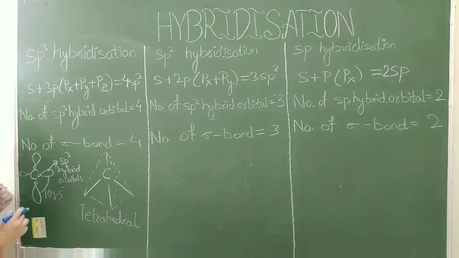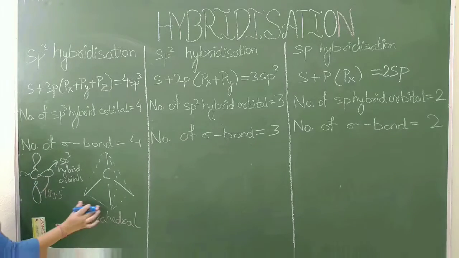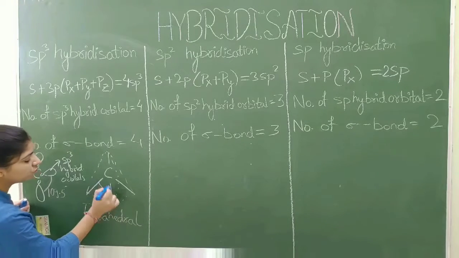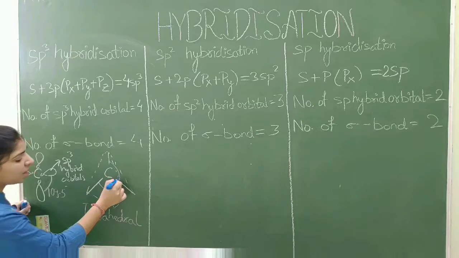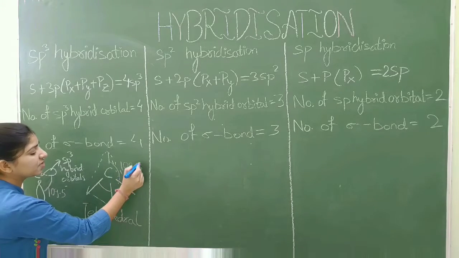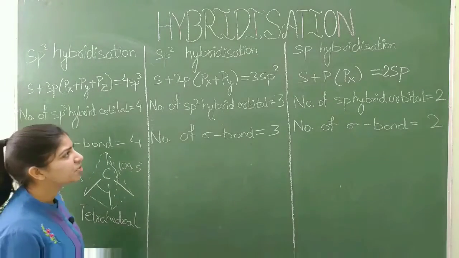This is the geometry and shape of sp3. The shape is unsymmetrical dumbbell and geometry is tetrahedral because bond angle between two hybrid orbitals is 109.5 degree. Okay. Now come to sp2 hybridization.